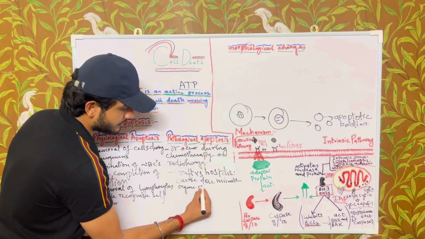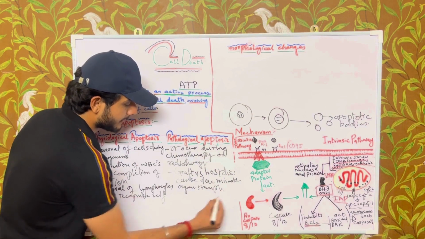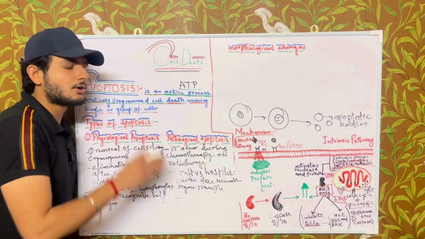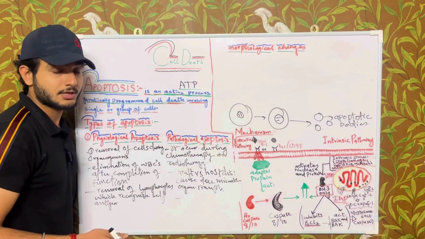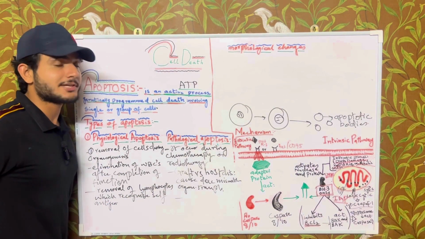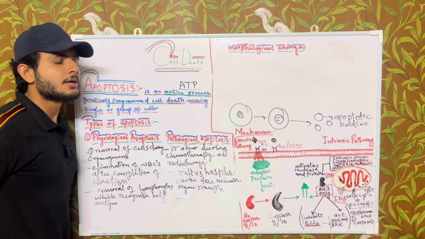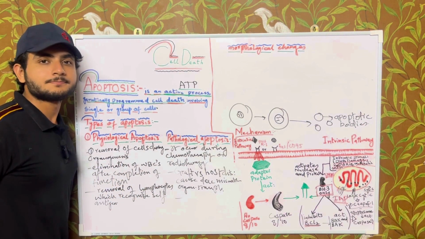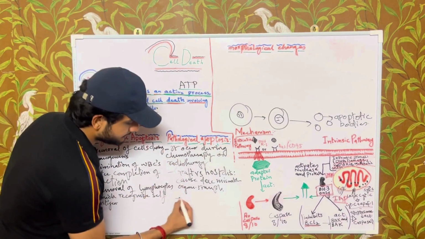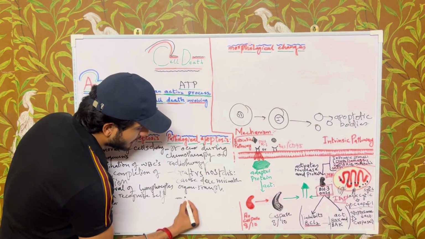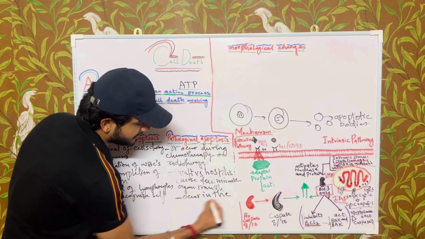So this was the next example. Pathological apoptosis also occurs in virally infected cells. Virally infected cells are eliminated through pathological apoptosis. The mechanism of it we'll discuss in the topic of inflammation or the immune system. Right now, just remember it.